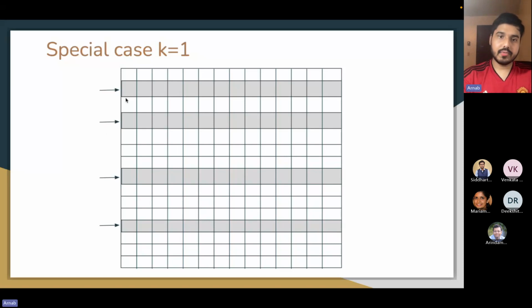Then if you look at some particular column, there are some elements that have been queried in that column. In this case, there are 4 elements that have been queried. So for each column, keep track of the highest element that you're seeing in that column.